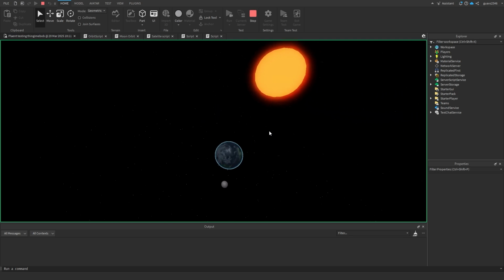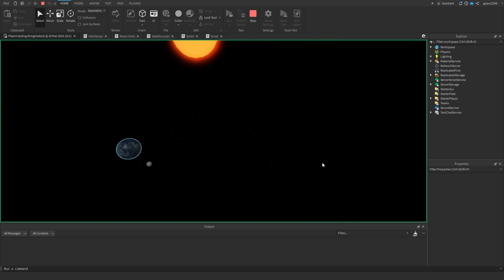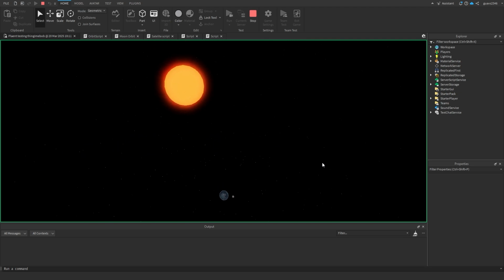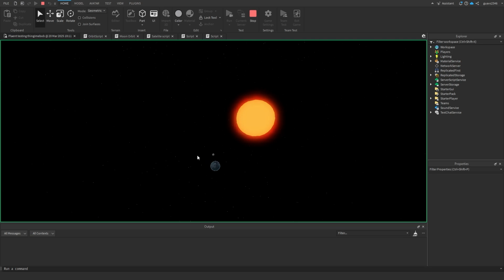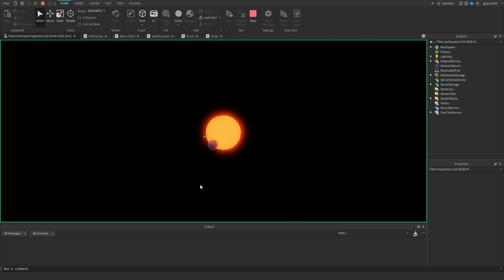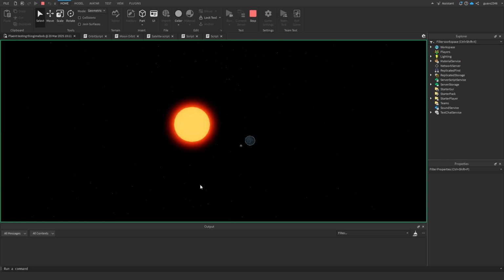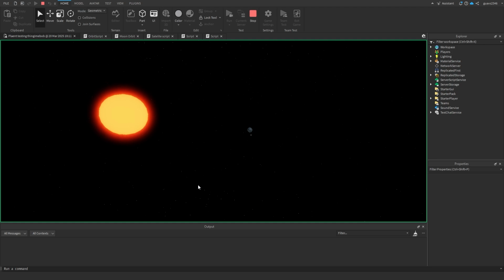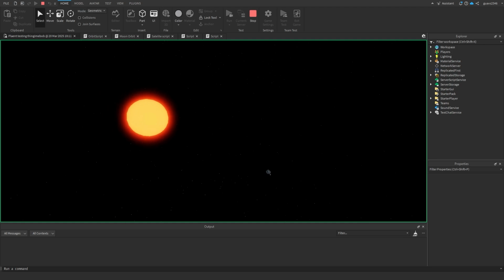There you go. We see the tilt of the Earth, Sun, and the Moon. That's how it orbits. That's how it orbits around the sun.